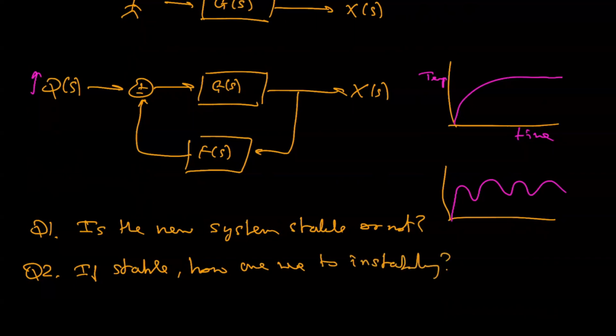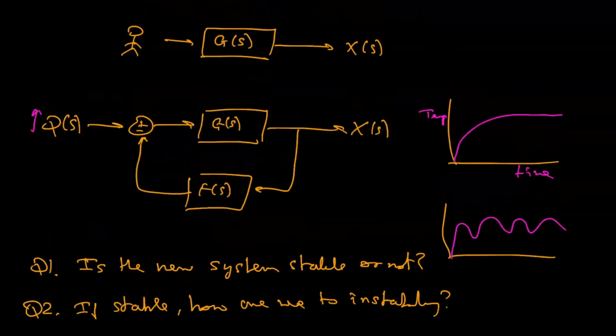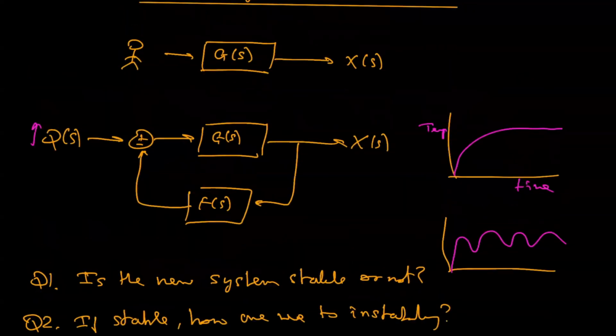We ask that because although, when you looked at this system, it turned out to be stable, maybe it's on the edge of stability and instability. And due to component variation, that might push it into the unstable region, because your knowledge of G of S and F of S won't be perfect. You really want enough of a margin to be on the safe side, so that you get this and not this.